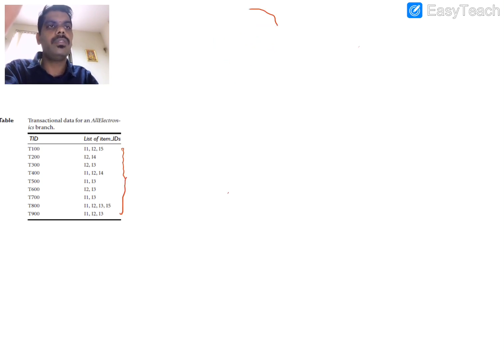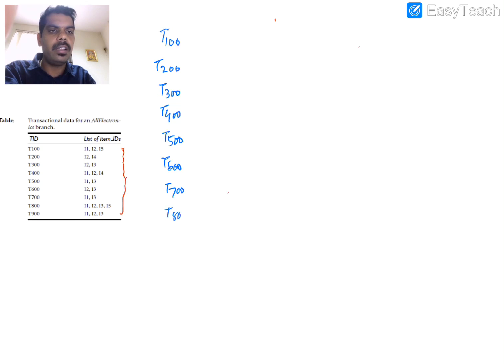So here we write T100, T200, T300, T400, T500. How many transactions are there? Like this, T600, T700, T800, T900.